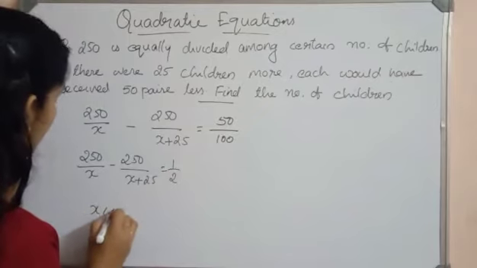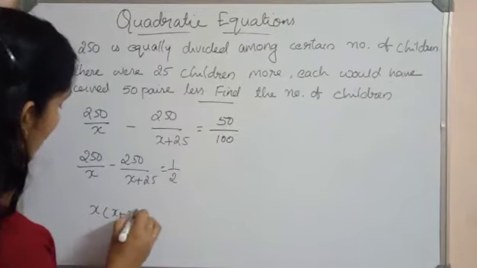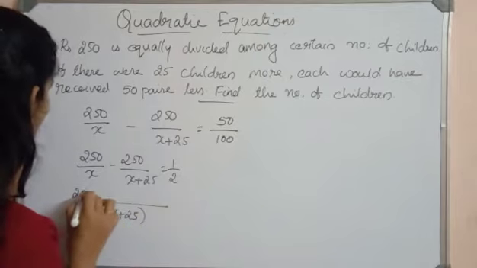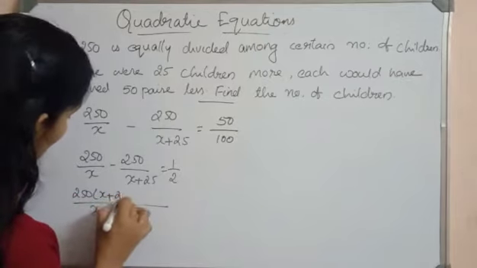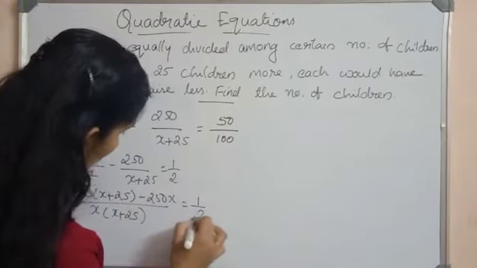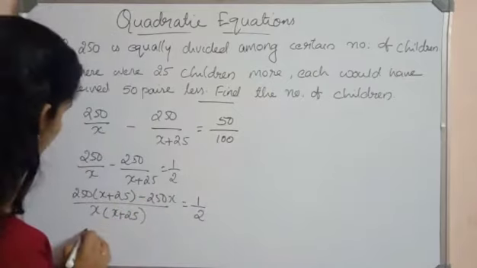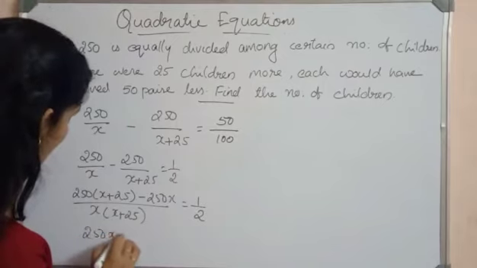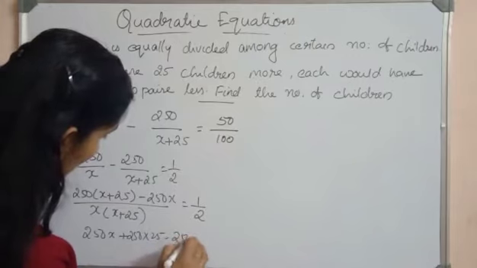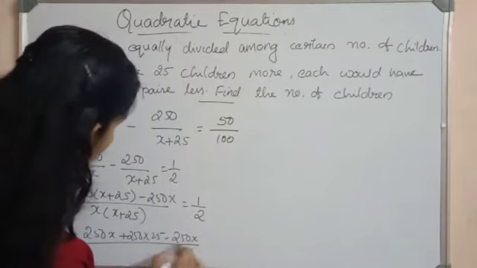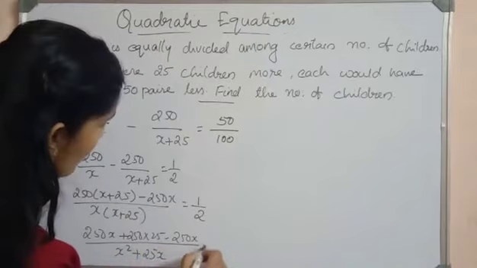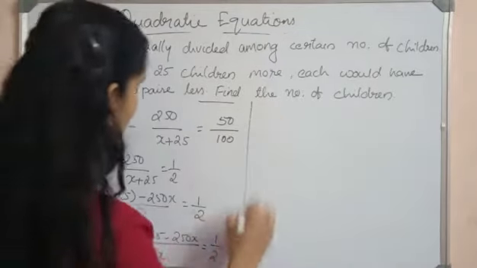On taking LCM, this will be x plus 25 into x. Upon this, 250 into x plus 25 minus 250x is equal to 1 by 2. On further simplification, 250x plus 250 into 25 minus 250x divided by x square plus 25x is equal to 1 by 2.